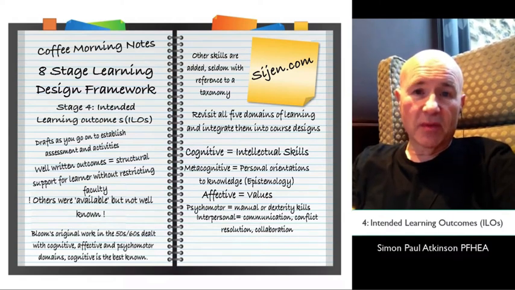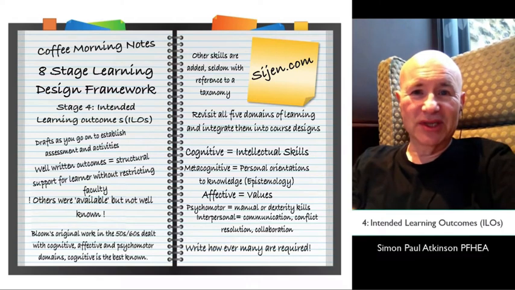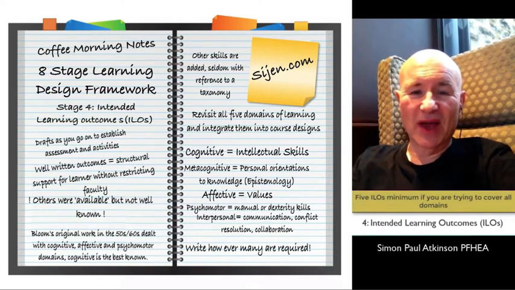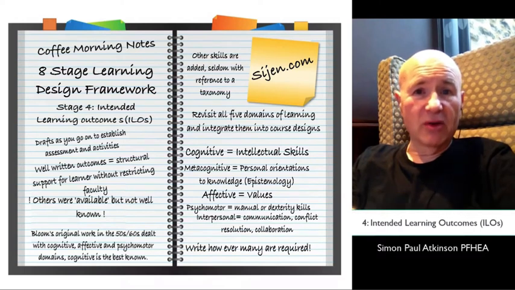So in terms of my guidance, it is always that you should write as many outcomes as are required, and I would suggest 5 is a minimum if you are trying to reflect the full breadth of learning experiences. I think it's a mistake to impose an institutional limit on the number of outcomes, but they have to be very well crafted.